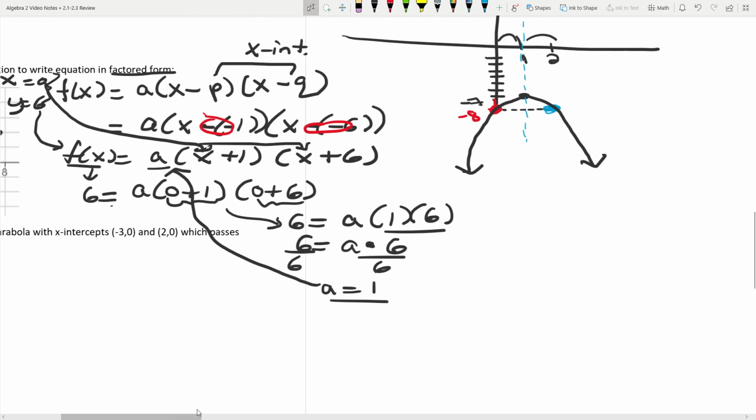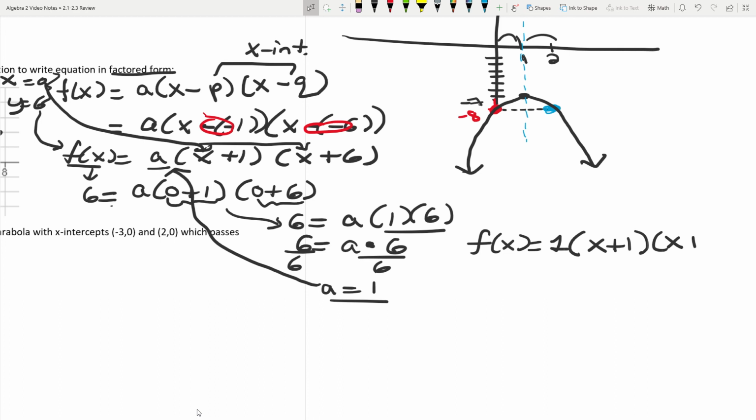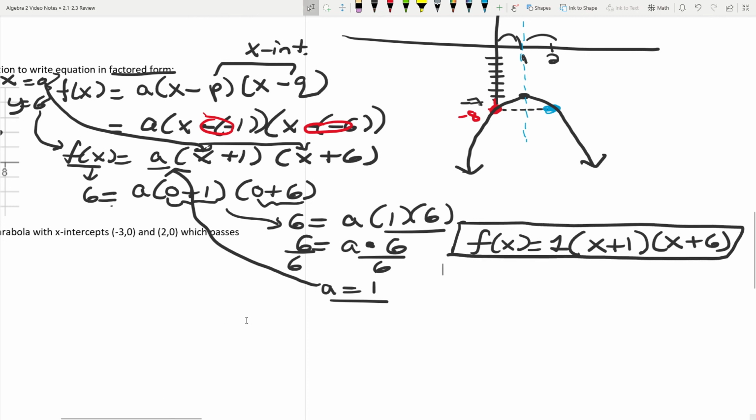So the answer to number 16 is f of x equals a, which is 1, times (x plus 1)(x plus 6). And there's our guy. All right, all there is to it.